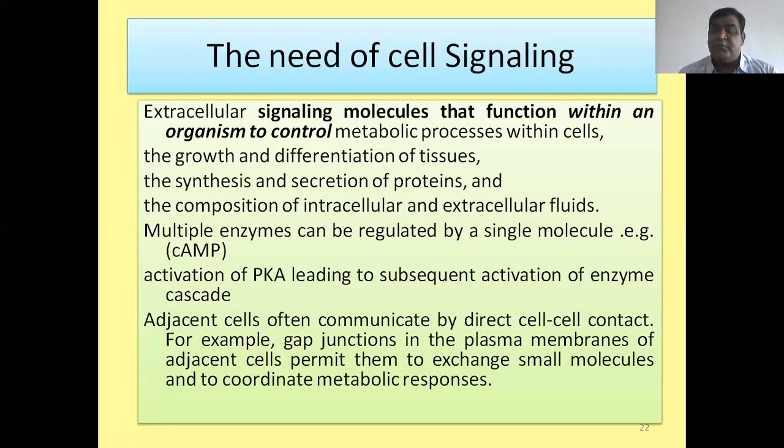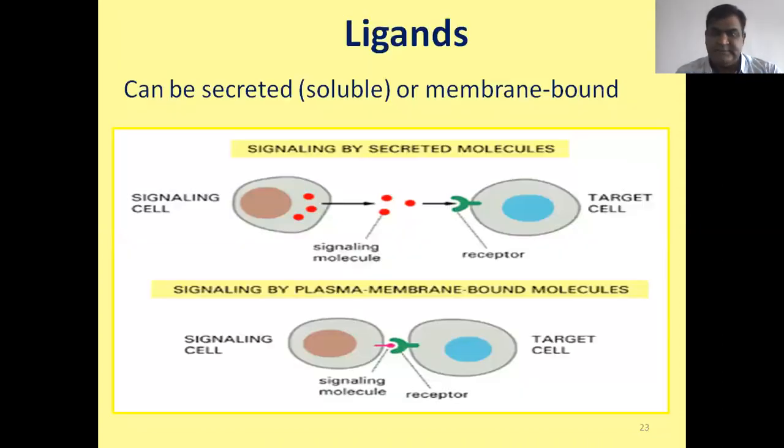It is needed for a variety of purposes within the cell, because of its diversification, its speed, and the kind of response it can generate. Cell signaling plays a very important role in various aspects of the cell, be it the cell cycle or anything else.